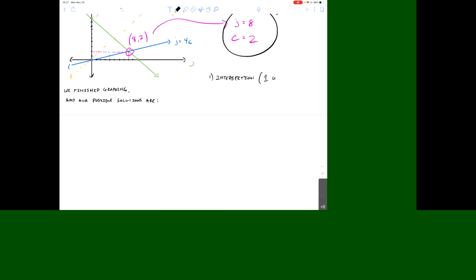That's the one unique solution. I'm going to abbreviate solution with SOL. You can have what the textbook calls, I'm going to put in quotation marks too, because it's just kind of weird, coincide. That's the infinitely many solutions. And then you can have parallel. And remember, that's known as no solution.